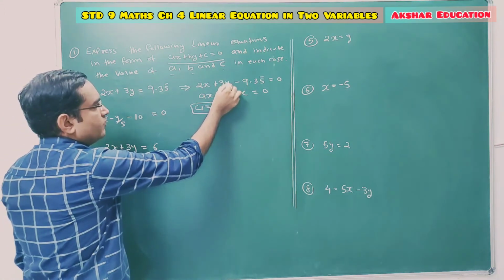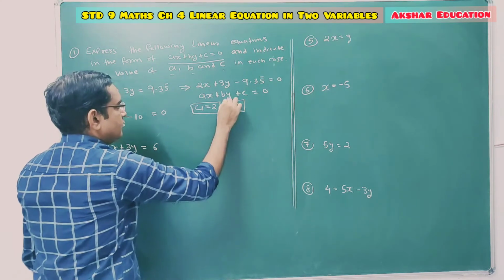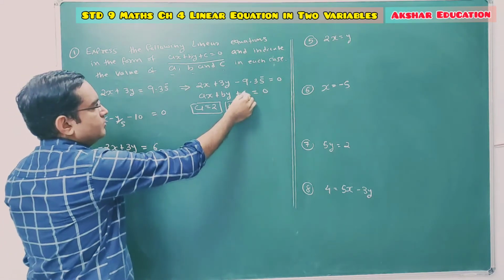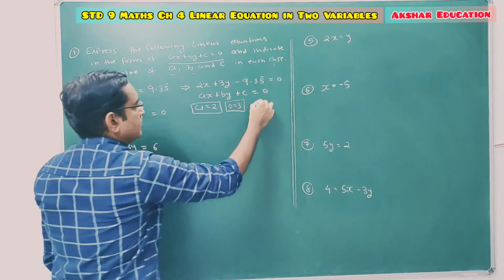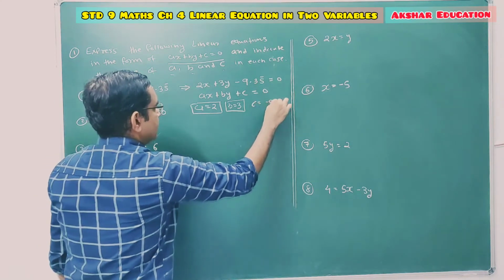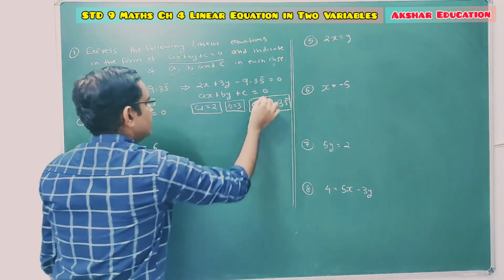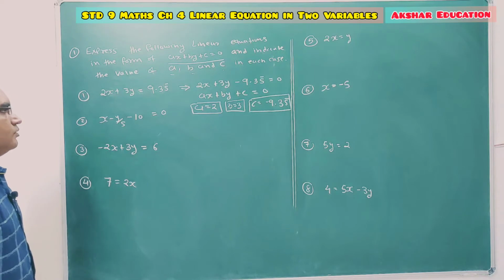Here the coefficient of y is 3, so by comparing we get b equal to 3. Now the constant term is c, which is minus 9.35 bar. So c equal to minus 9.35 bar. This is the value of a, b and c. Clear, students? Now question number 2.